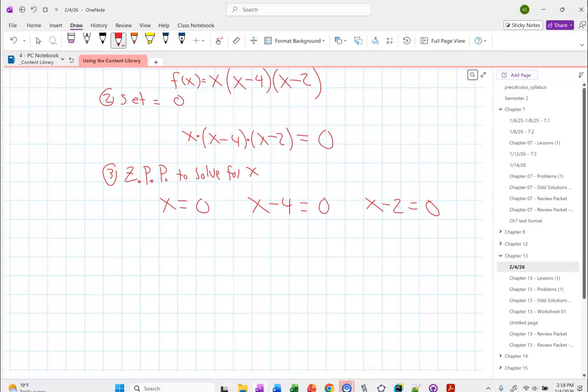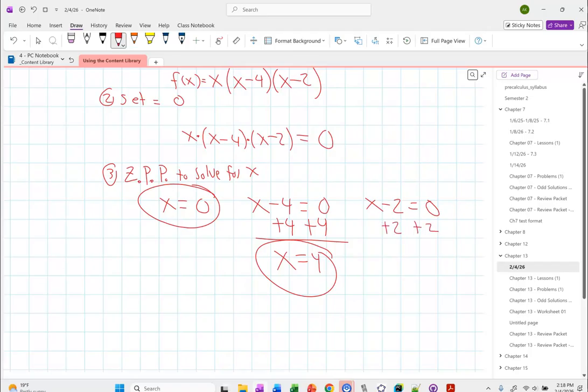Is everybody okay? That's done, right? x equals 0, that's a solution already. Add 4 to both sides. x equals 4. That's another solution. x equals 2. That's the third solution.